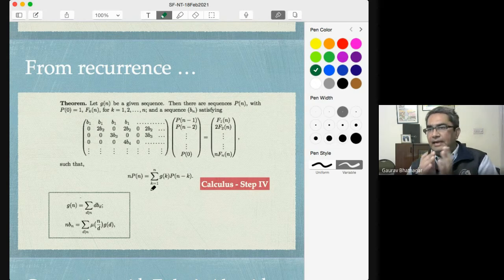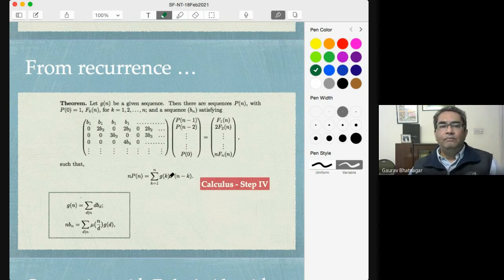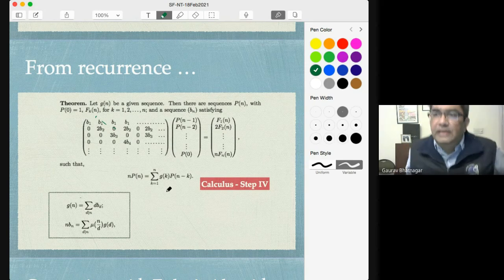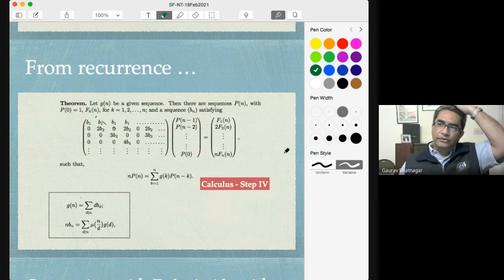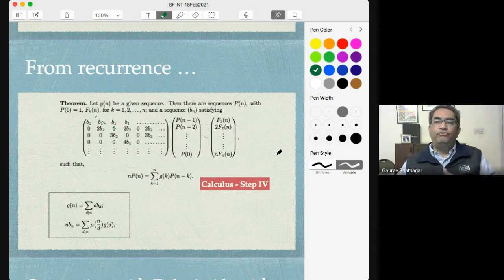So I started with products, then I have product of products, then I have sums. And now I say any arithmetic sequence which I'm interested in, I'll be able to find the P's for which this arithmetic kind of relation works. So you say, I want a Ramanujan type relation for this sequence in Sloane's list of sequences.